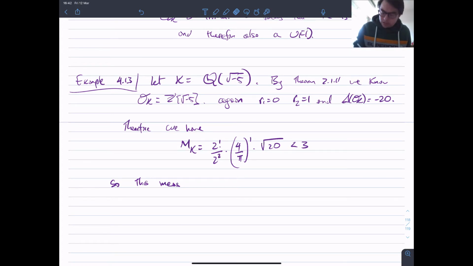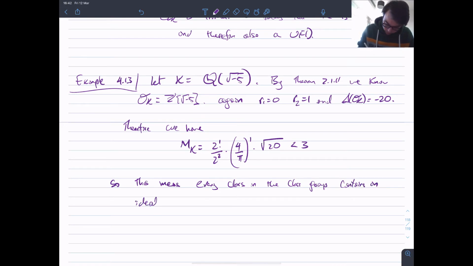So this means every class in the class group contains an ideal of norm less than 3, so norm 1 or 2.